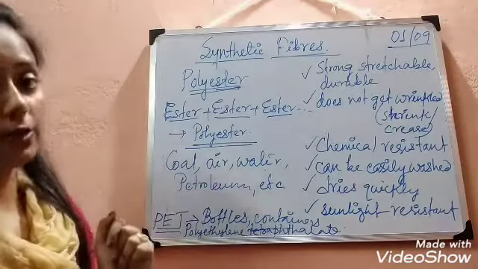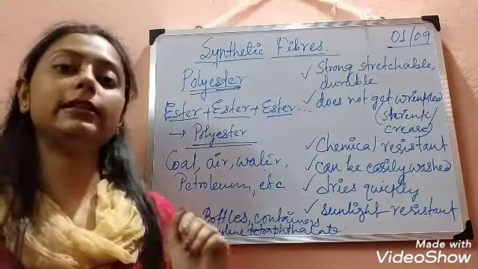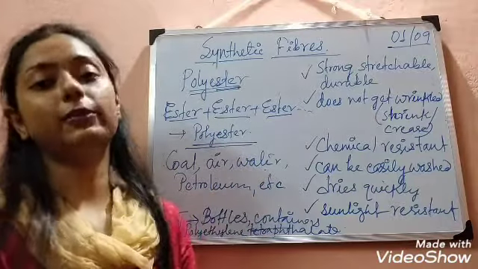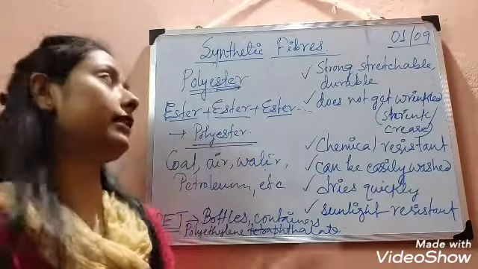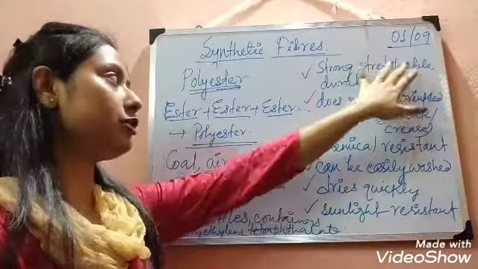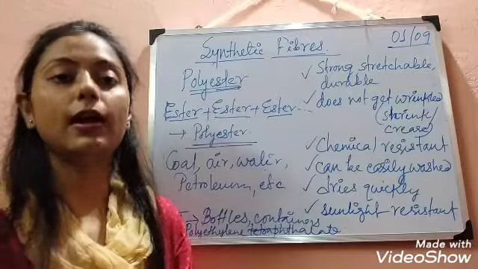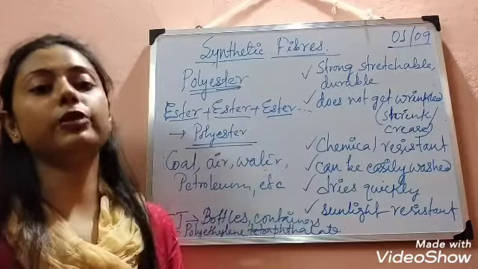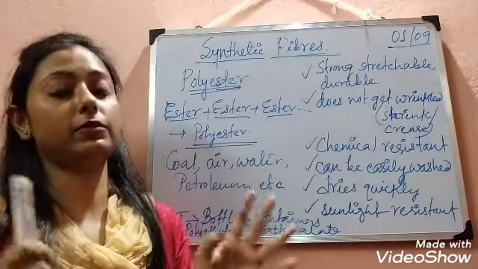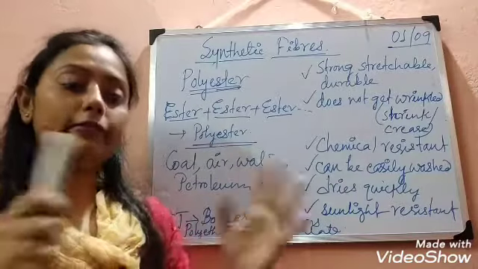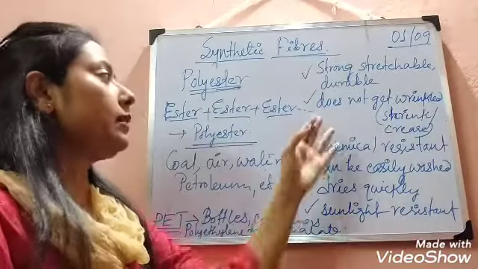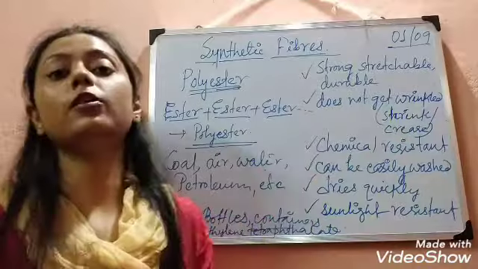Now let's talk about the features. Obviously, all synthetic fibers have a very common feature: they are very strong, very stretchable and very durable. That means they are elastic in nature, and we can use them to create many shapes, sizes and varieties of products. Polyester does not get wrinkled, shrink or creased.